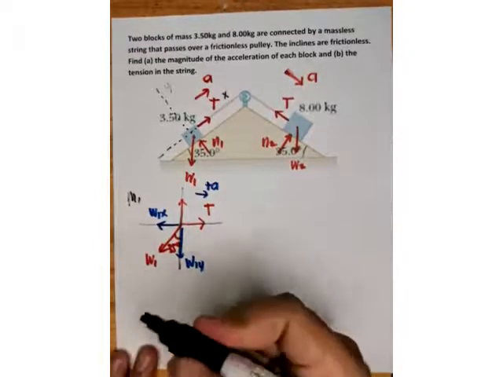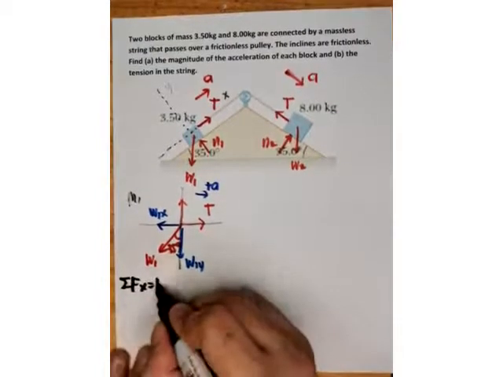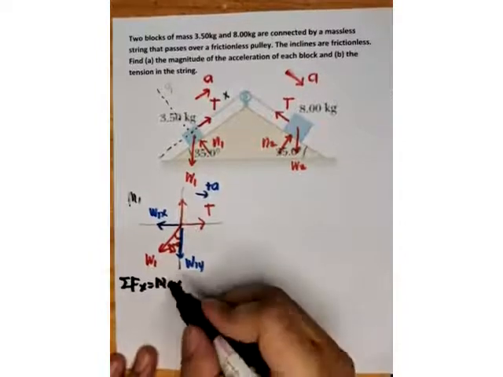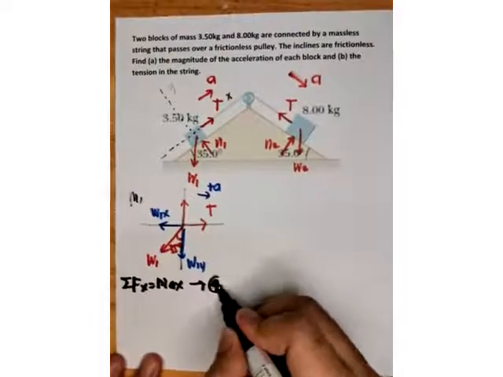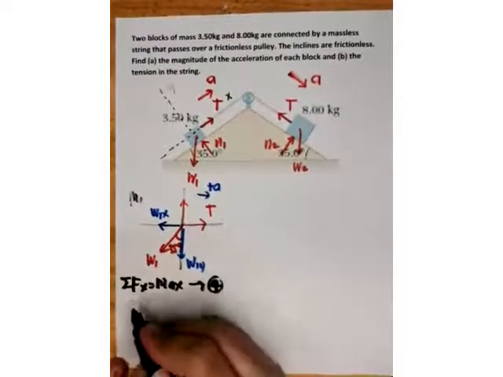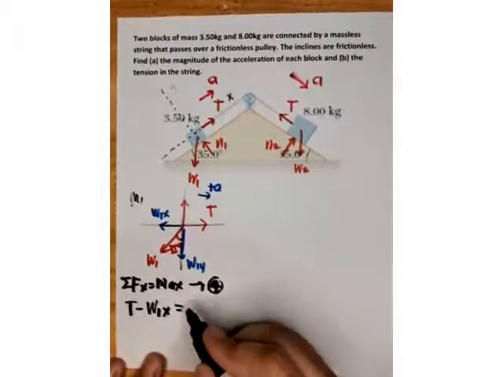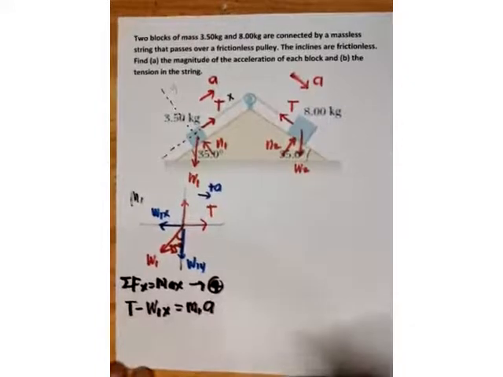So didiretso na tayo sa summation of forces along X is equal to MAX. Pakanan ay positive. So we'll have tension minus W1x is equal to mass 1 times the acceleration.